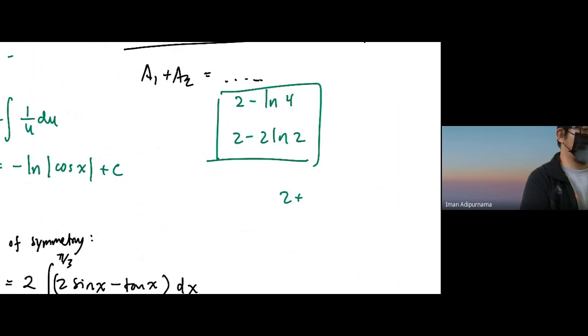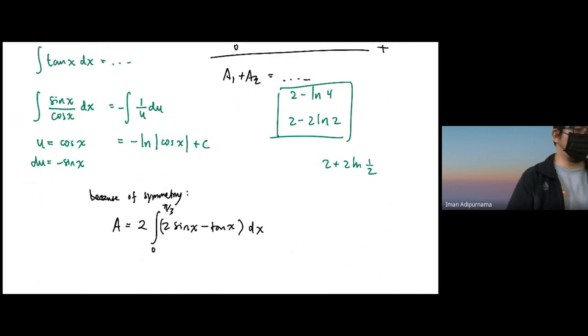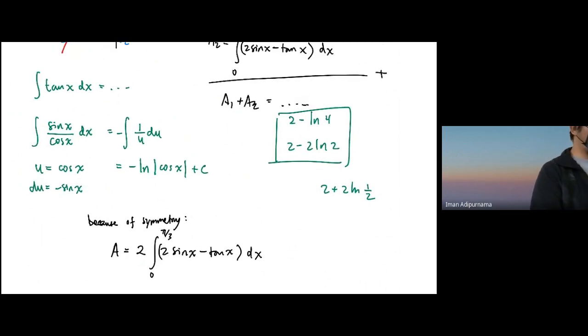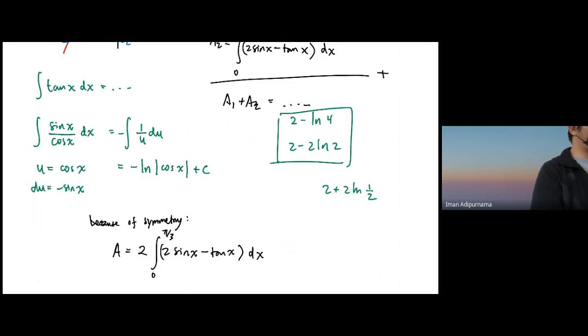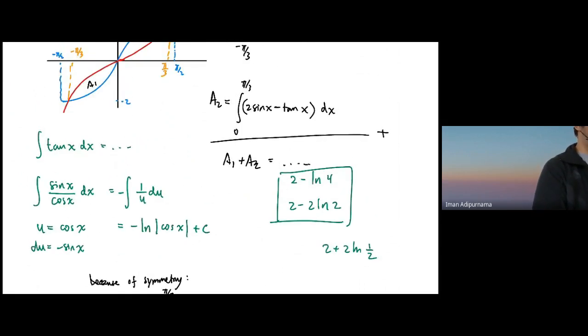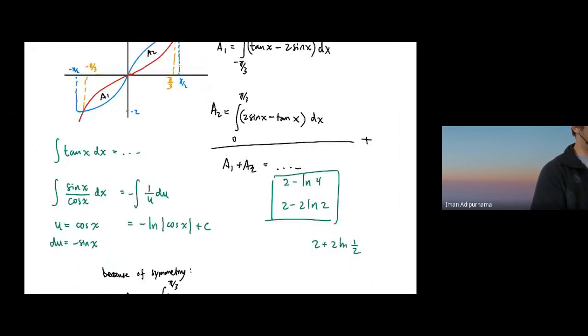Or maybe 2 plus 2 and half, right? The answer. Okay. I think half or maybe 60% of you approach the correct one, but the problem is in the process.